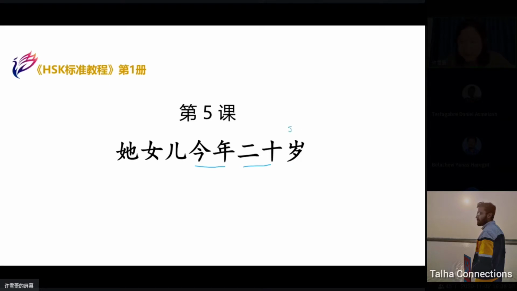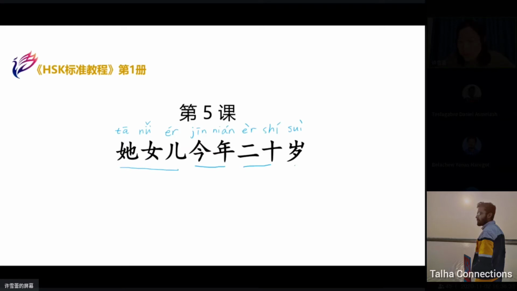The last character is 岁. 好，他女儿今年20岁。他女儿, her daughter, 今年, this year.